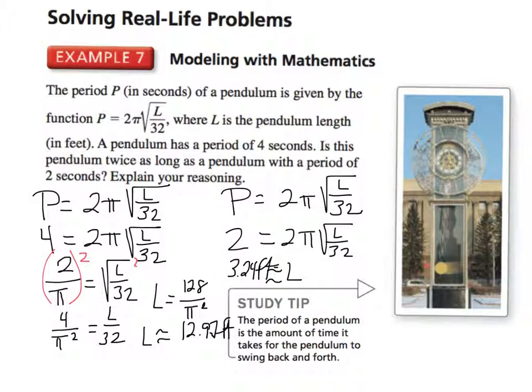Well, no, it's not. 12.97 divided by 3.24 is about 4 times longer than the length of the other pendulum. So it's 4 times longer. Therefore, the answer would be no. Now, to explain your reasoning, this is it. You would say no because it's 4 times longer, not 2.